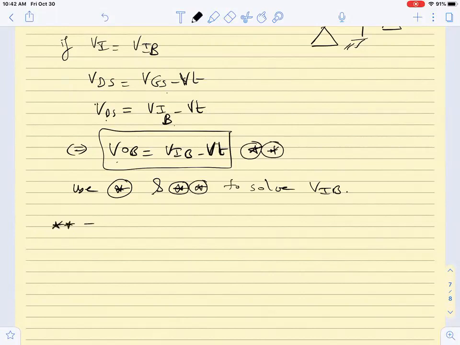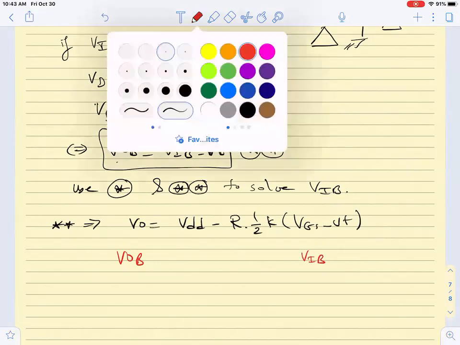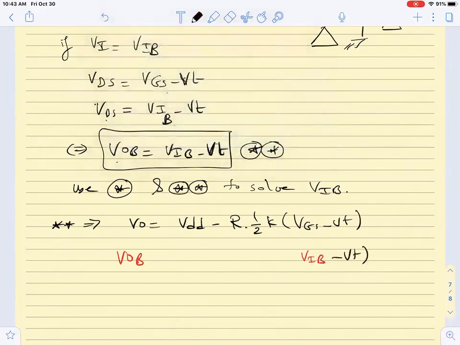Double star tells me that VO is equal to VDD minus R times ID, which is half K prime times (VGS minus VT) squared. Okay, I'm going to plug VOB into this equation. So here I will put VOB, and here I will put VIB in place of VGS. Okay, so we're going to plug this here.